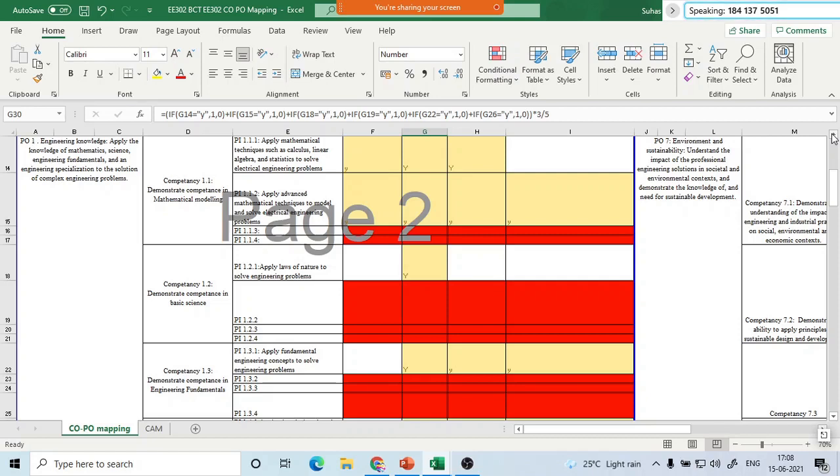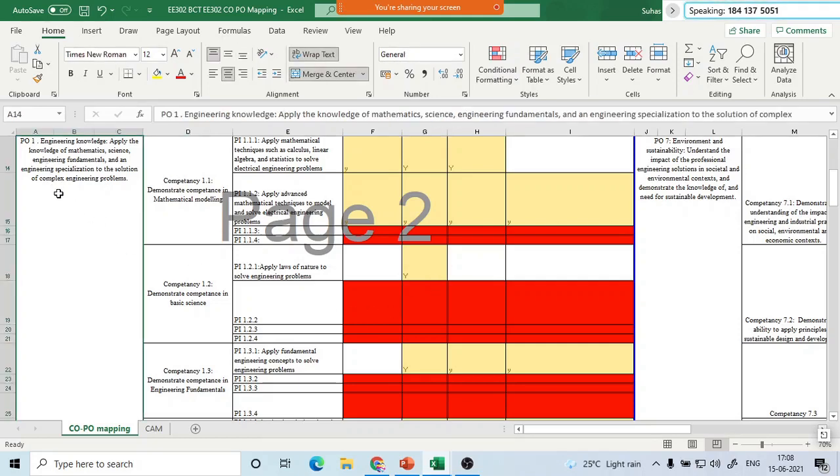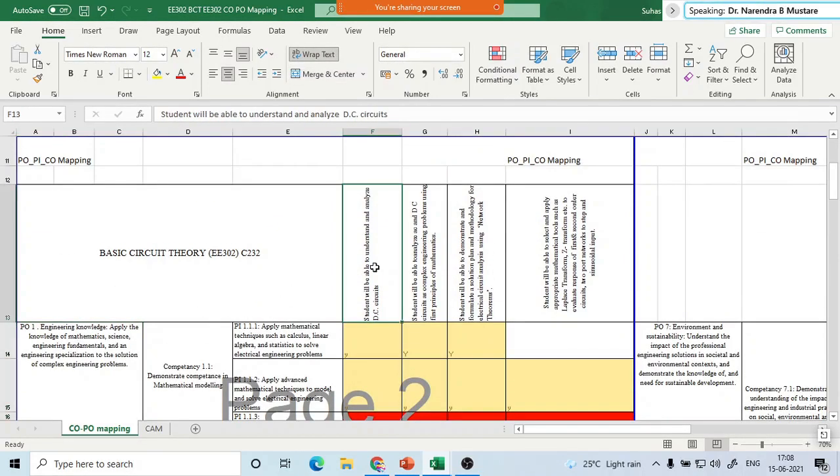So this is the entire scenario, because PO1 is general, CO1 is course specific. These are the two things I need to connect. How can I connect? I can look at the competency level and the performance indicator, and these two are going to help me connect them.